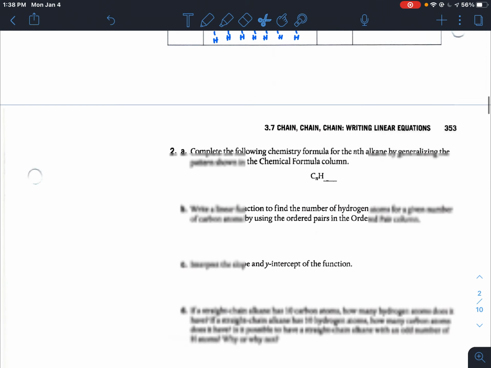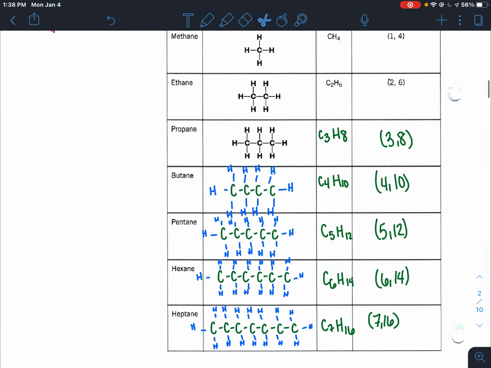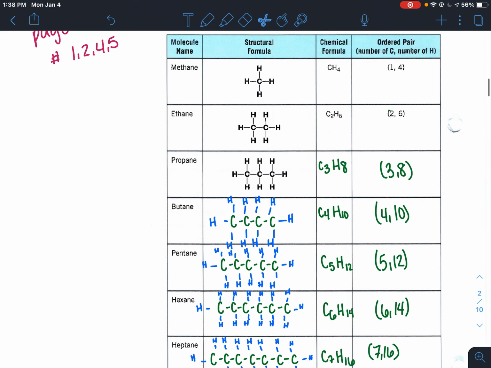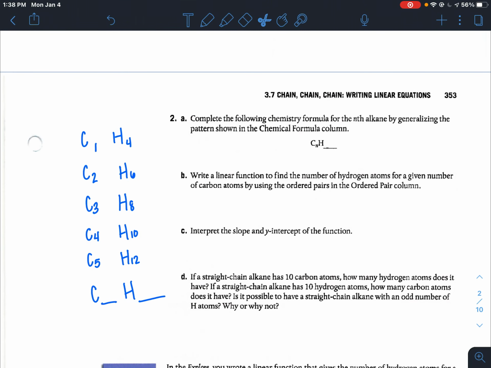And then for the next part, complete the following chemical formula for the nth alkane by generalizing the pattern shown in the chemical formula column. So the chemical formula column is that third one over. I kind of drew it in for you. We're looking at carbon and hydrogen separately.